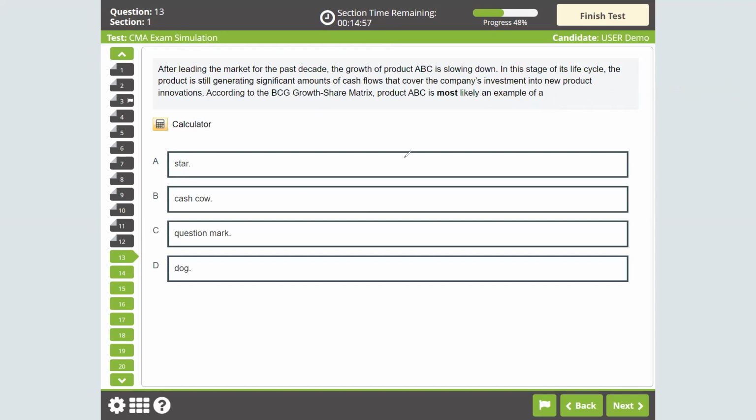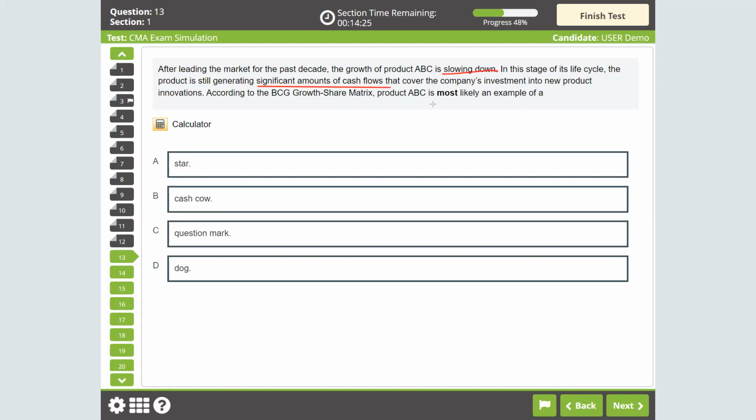All right, question number 13 says, after leading the market for the past decade, the growth of product ABC is slowing down. So that's a key, slowing down in the stage of its life. The product is still generating significant amount of cash over the company's investment into new product diversity.